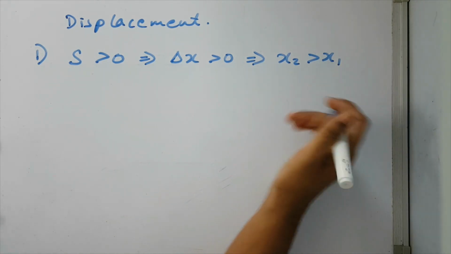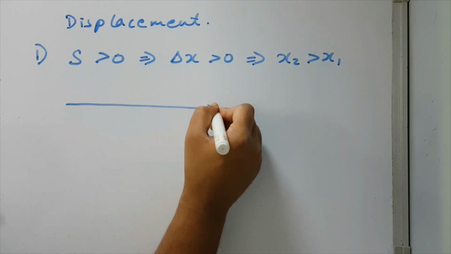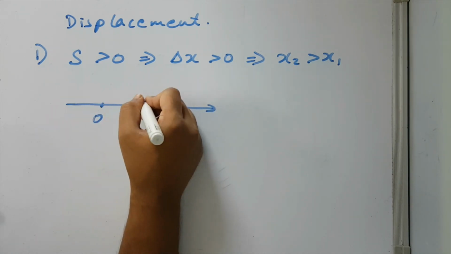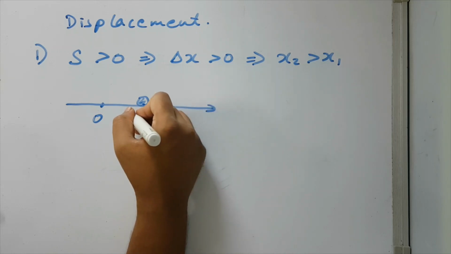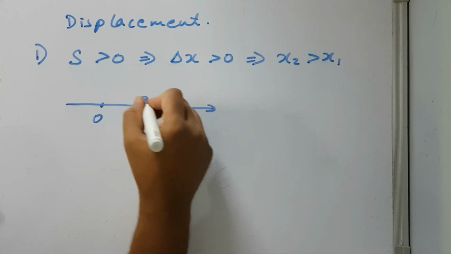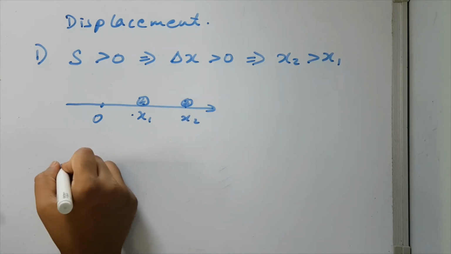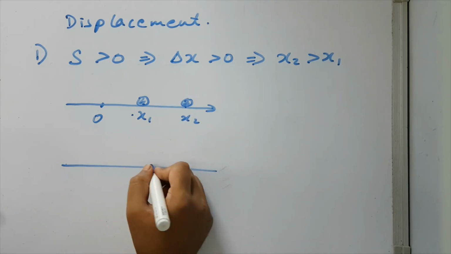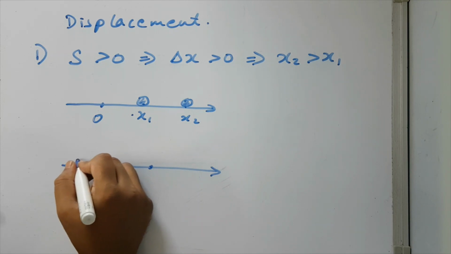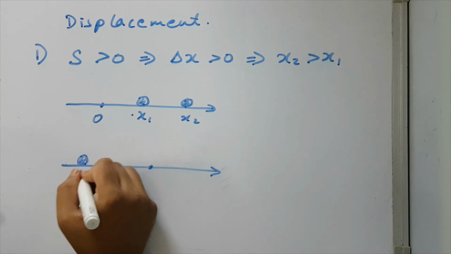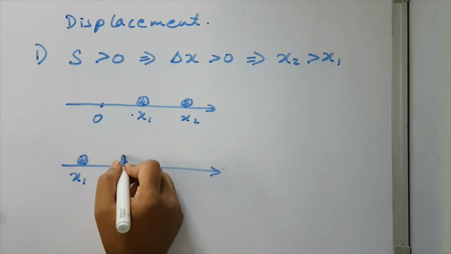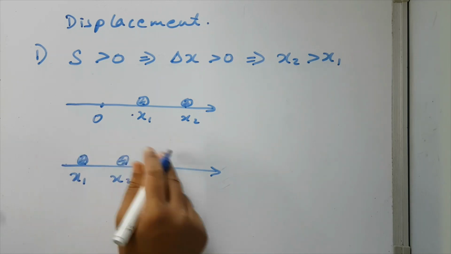Now what does that mean? If the particle is already here, if this is x1, then x2 would definitely be here. And if the particle is on the negative side, this is x1, then x2 has to be on the right side.